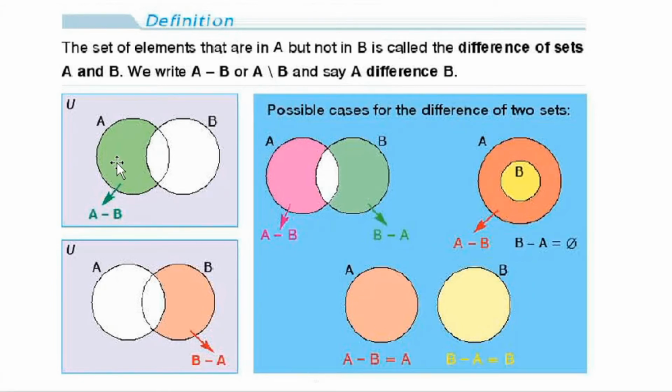And this green shaded part is B minus A.